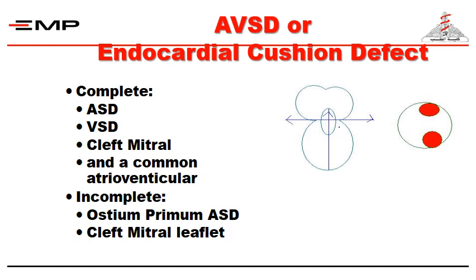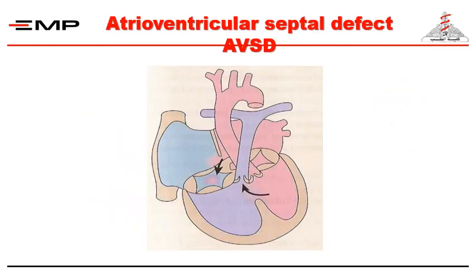So in complete AVSD, we have a lower part ASD, defect in the lower part of the septum, which is a primum ASD, defect in the upper part of the interventricular septum, a cleft mitral leaflet, and a common AV valve is present. In the incomplete form, we have the ostium primum ASD and the cleft mitral leaflet.